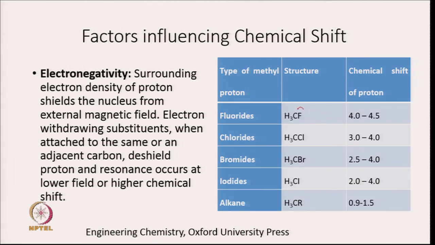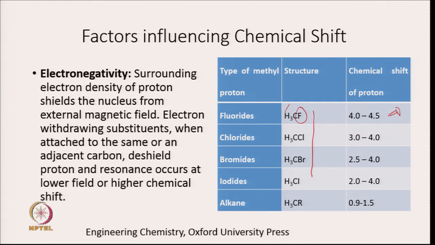So, if an electronegative atom is attached to the carbon to which these 3 protons are attached, it will take away electrons from the carbon and proton, and that is how it de-shields the protons. Resonance of these protons happens at lower field, and that means they have higher chemical shift.